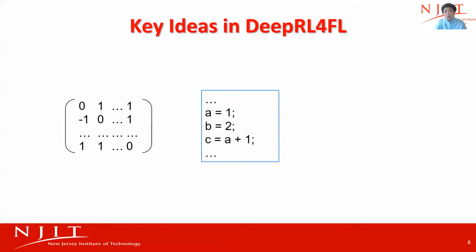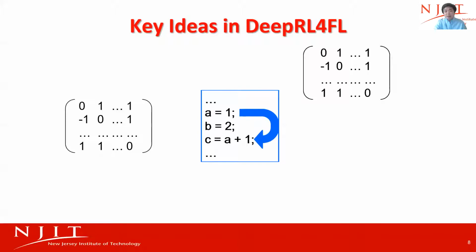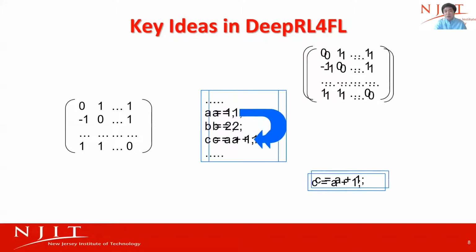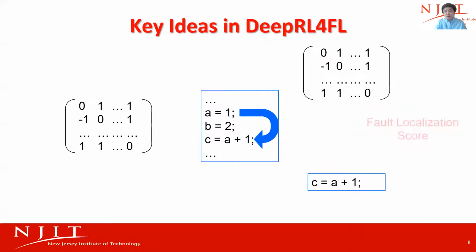Also, in order to analyze the relationship between different statements, we consider statement dependencies. By combining the code coverage matrix, statement dependencies, and original source code content, we can get the final fault localization score.